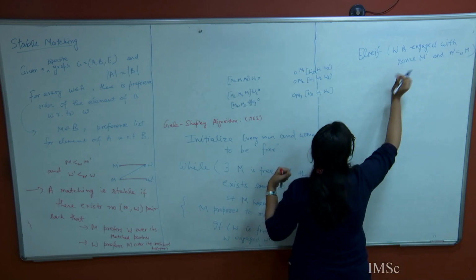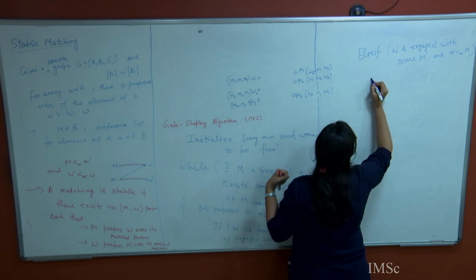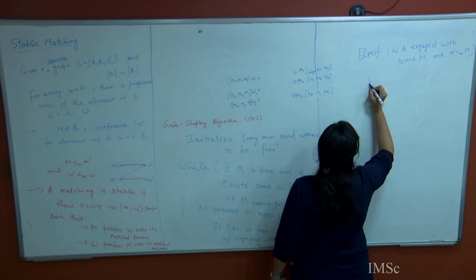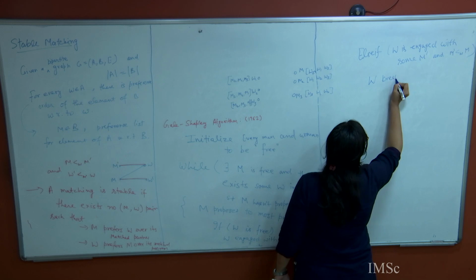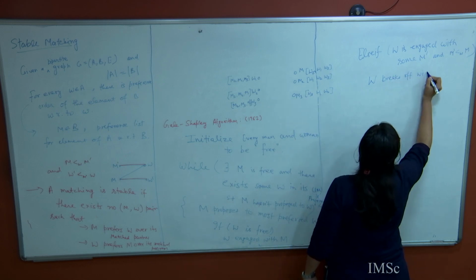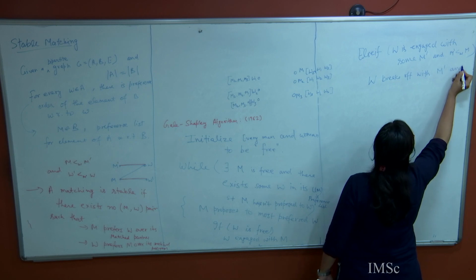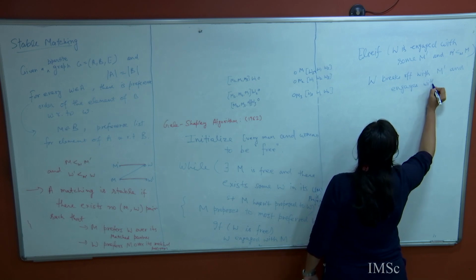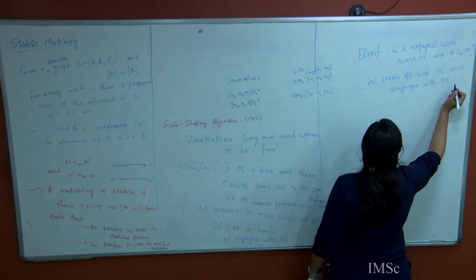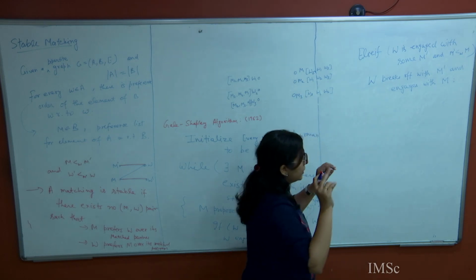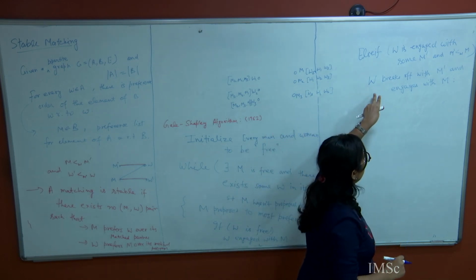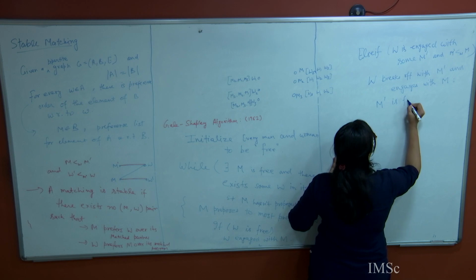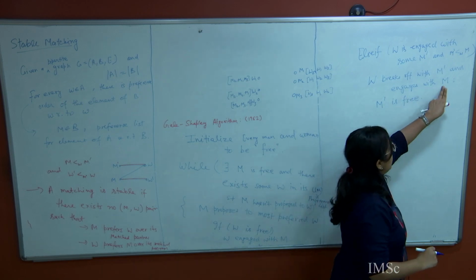In this case, what W does, okay, so let us say W breaks off with M prime and engages with M. Okay. So, now W's status was engaged earlier as well, but now she has broken off with M prime. So, M prime is now free, and M is engaged. Okay.